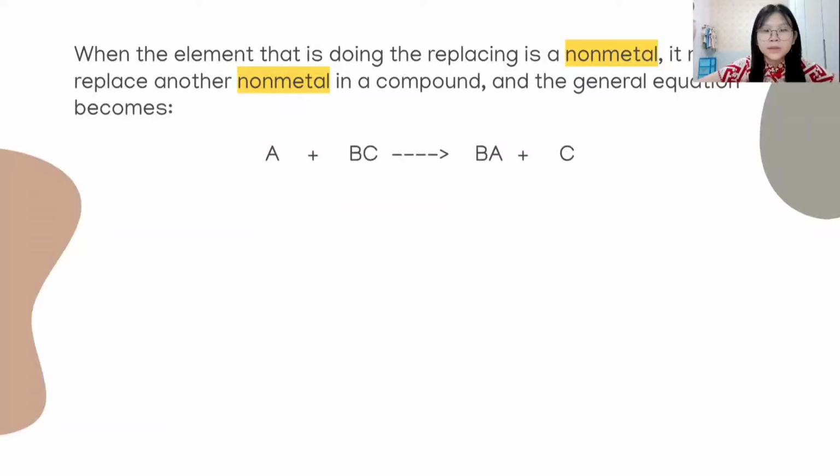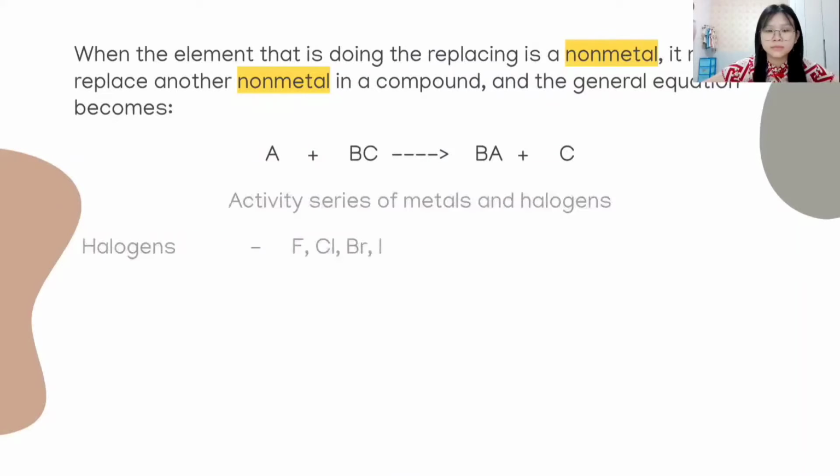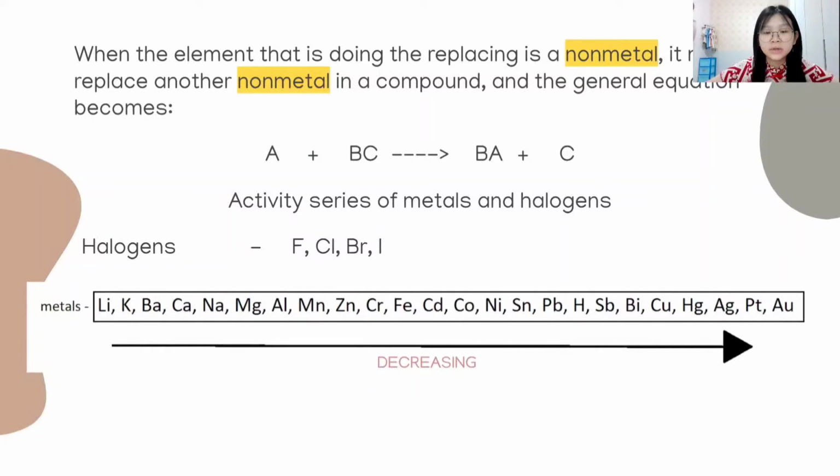When the element that is doing the replacing is a non-metal, it must replace another non-metal in the compound, and the general equation becomes A when reacts with BC yields BA and C. Next, we have the activity series of metals and halogens.